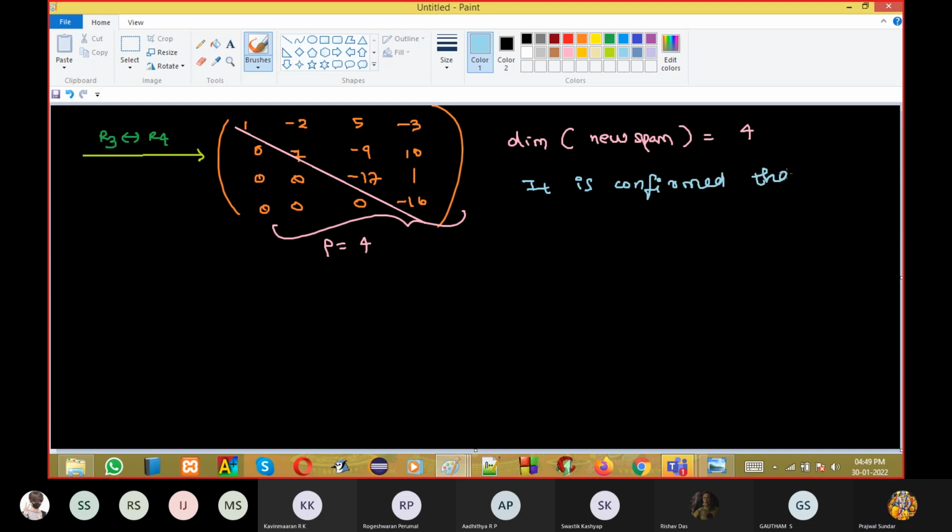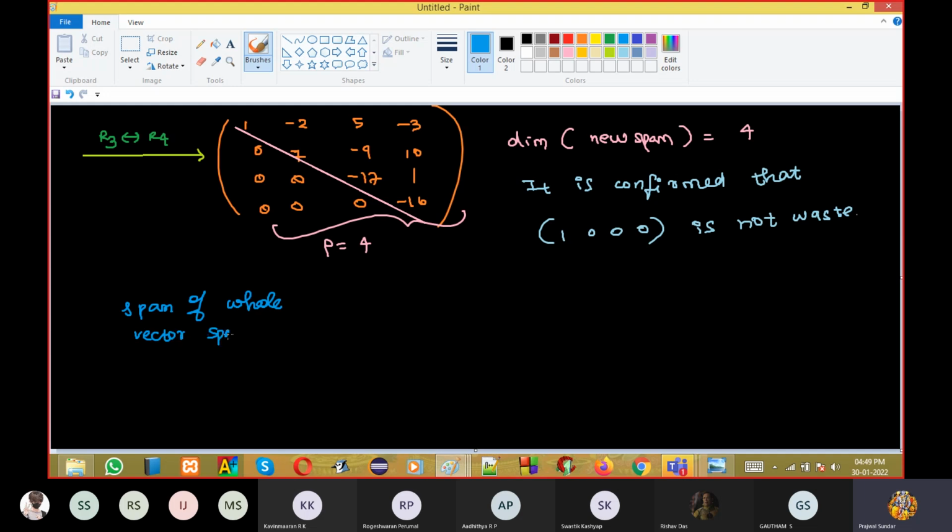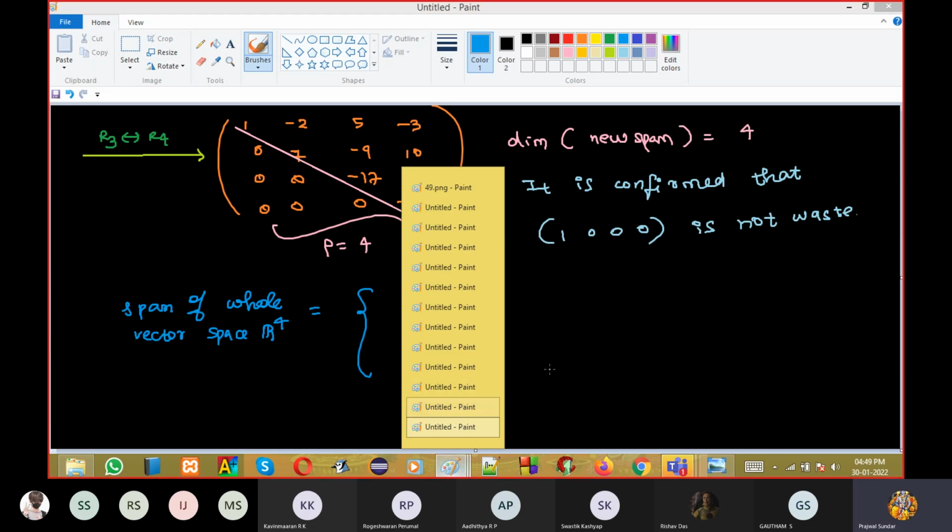that 1 0 0 0 is not a waste vector. So I can take the span of the whole vector space R to the power 4 as these 4 vectors. Which 4 vectors?